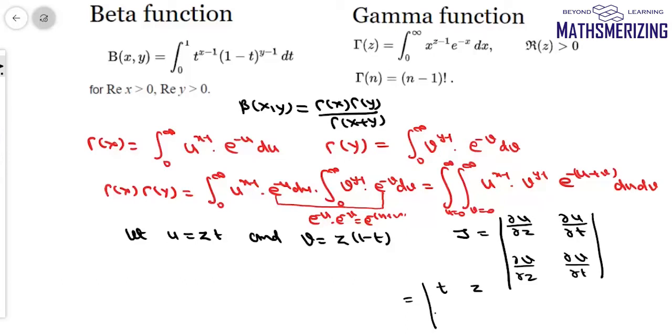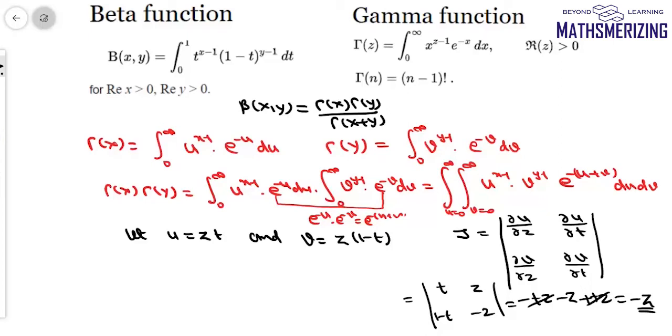Now del v upon del z is simply 1 minus t, and del v upon del t will be minus z. So we'll expand this determinant, we'll get minus tz minus z plus tz. So the value of the Jacobian determinant here is minus z.